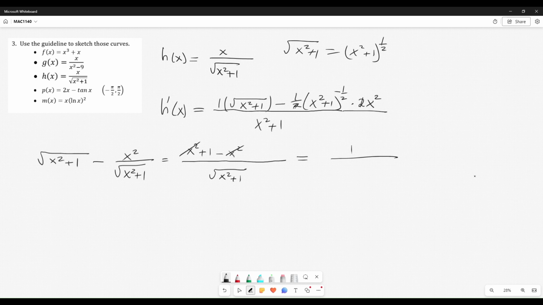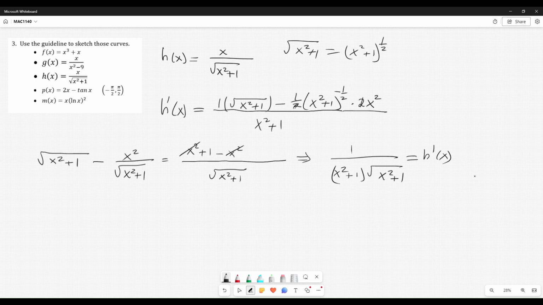And don't forget that part. Now it's a moment to copy. It equals 1 over x squared plus 1 times square root x squared plus 1. Okay, cool. This is the expression that represents the first derivative. This is h prime of x.